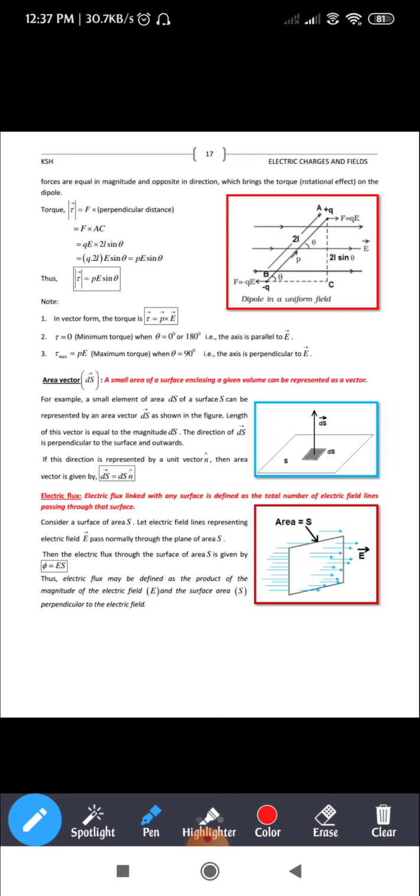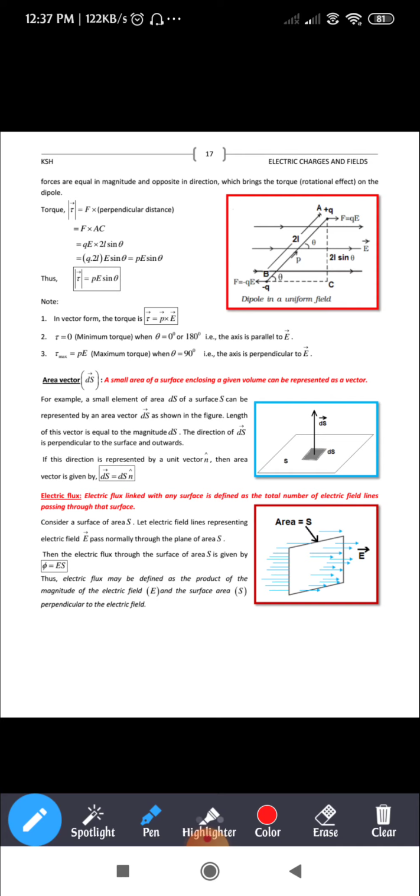The direction of area vector will always be perpendicular to the surface. It will always be normal to the surface. And electric flux will be maximum when the surface is normal to the electric field. When the surface is parallel to the electric field, the flux will be minimum, that is 0.